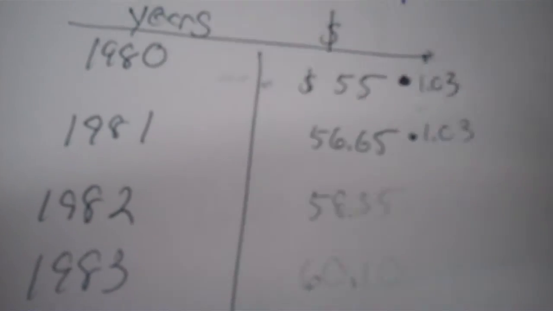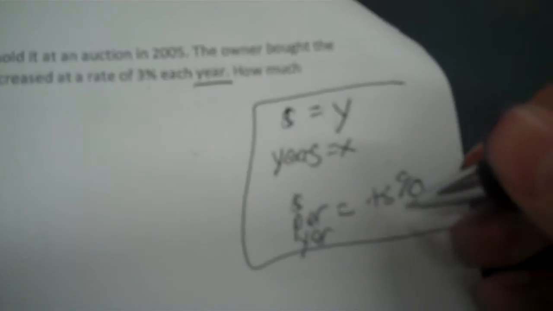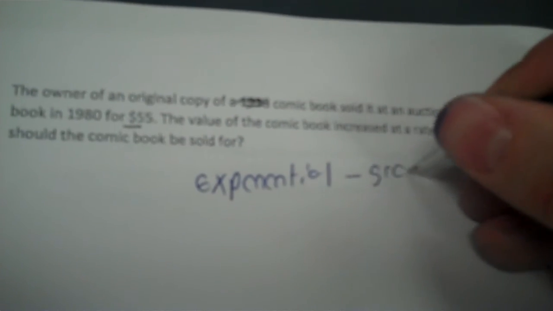So again, if I find these ratios, it's always 1.03. So with the percent, that means it's an exponential function. And if it's going up, that's growth. So it doesn't matter if it's growth or decay, you're going to go with this base equation.